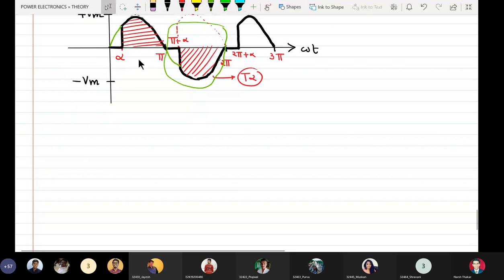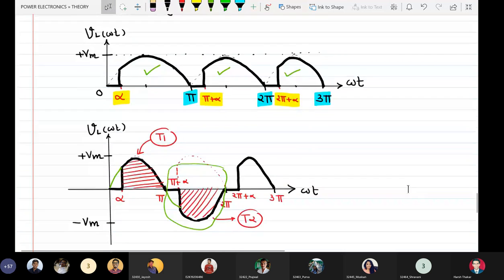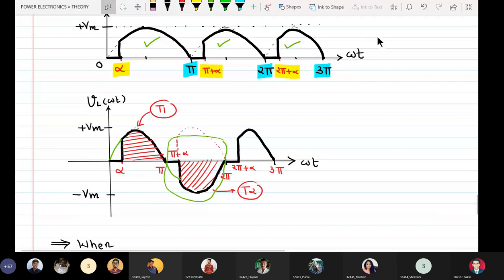Okay, so we can say this is figure 1 and this is figure 2.